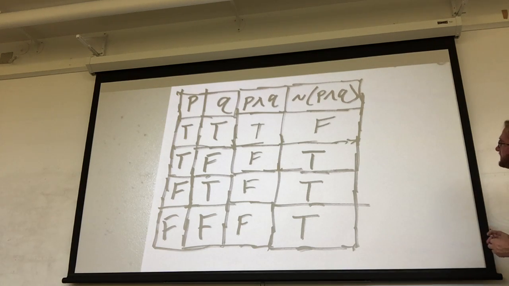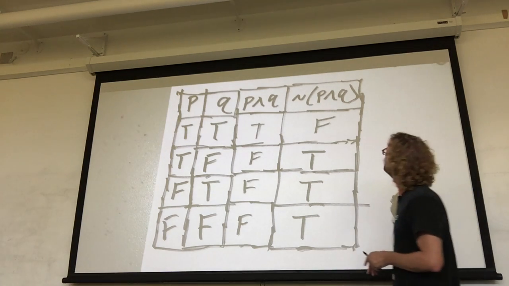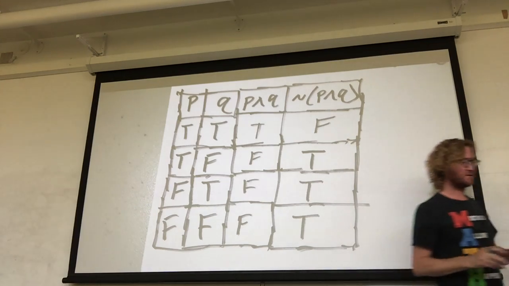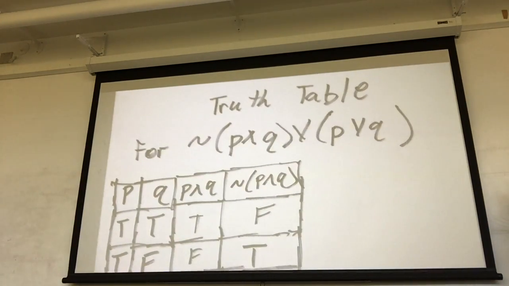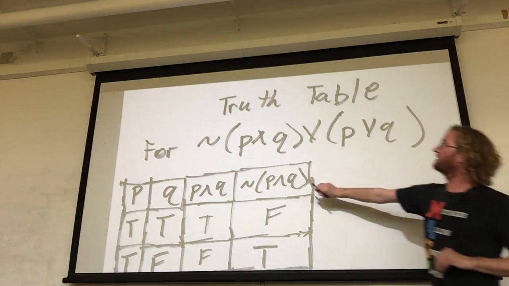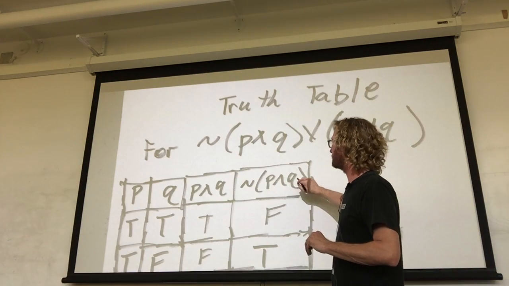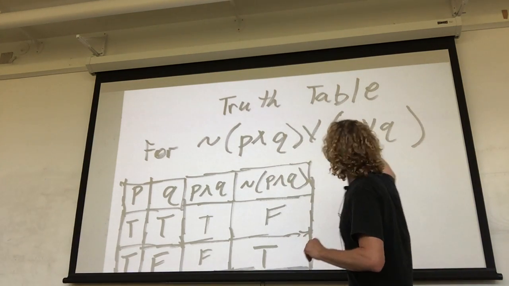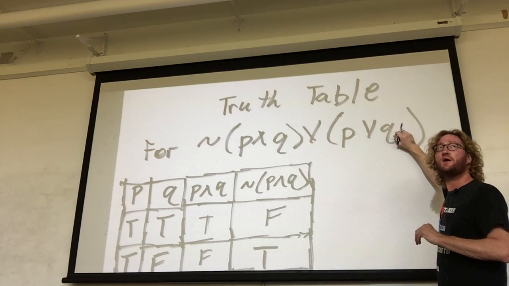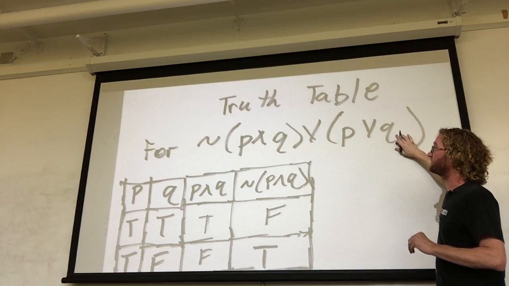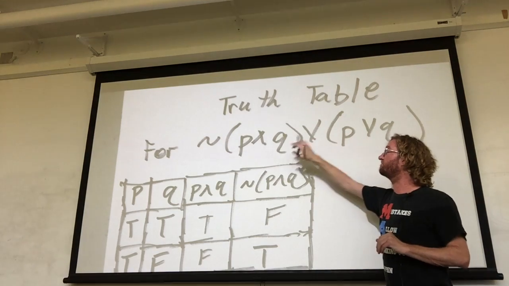All right, now we're going to have to consider the next one. We've got the negation of P and Q right here. So the next one we want to consider is the union of P and Q. And then we're going to ask ourselves the question, what would be the union of both of these sets?